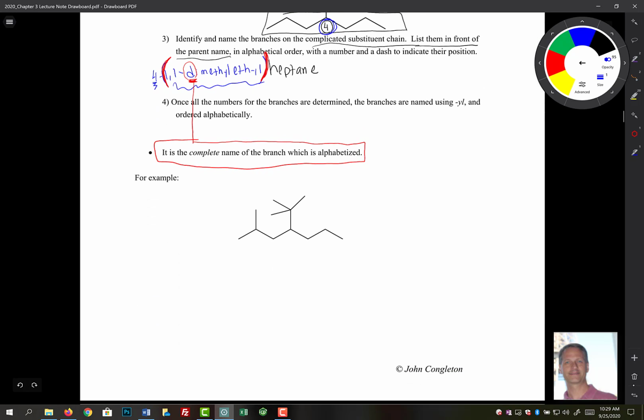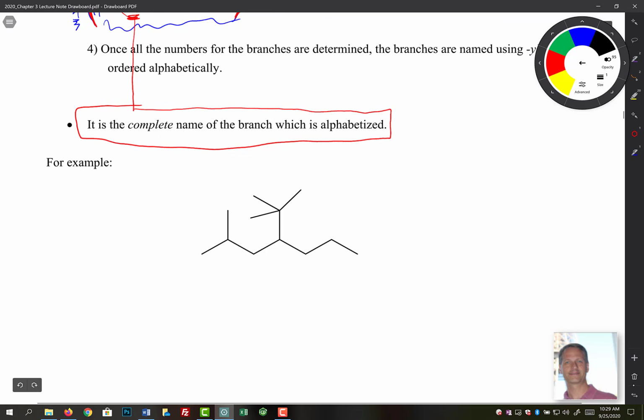Let's see if we can name this molecule. Remember, step number one is we look for the longest carbon chain. There's your longest carbon chain. We count it: 1, 2, 3, 4, 5, 6, 7. So again, this is a hept, and it's an alkane. That's our parent name. Now remember, we want to number it from this side because that gives us a substituent at number 2 and at number 4.